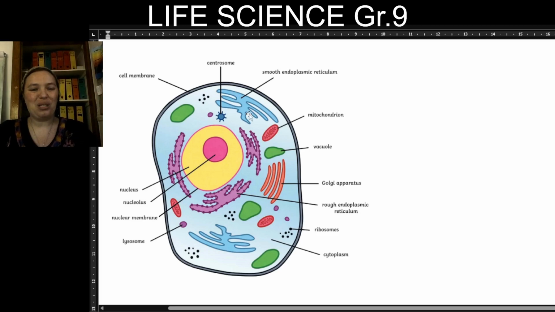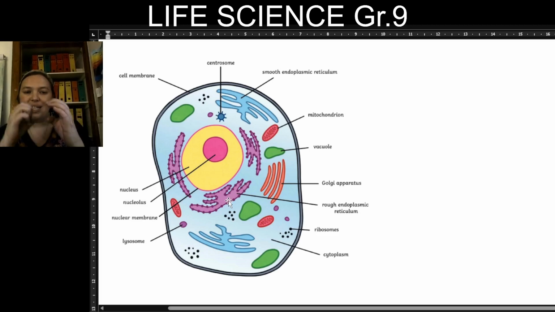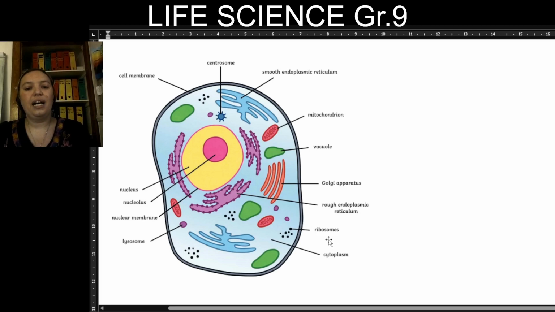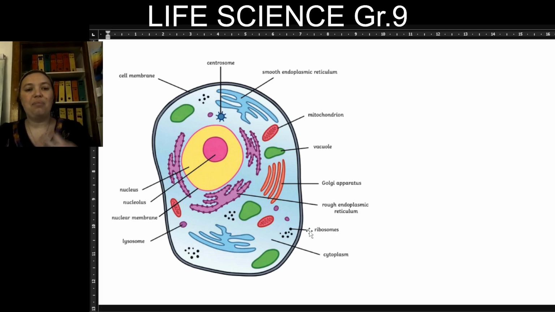This blue one here is smooth, and around the nucleus we've got these purple ones, which are the rough endoplasmic reticulum. The reason we say it's rough is because there are little ribosomes sitting on the outside. Ribosomes help with protein synthesis, so they help the cell to make more protein.